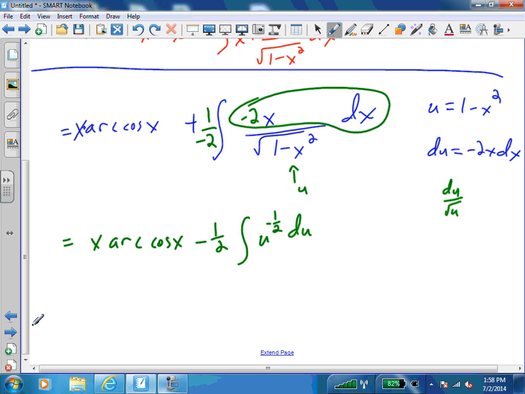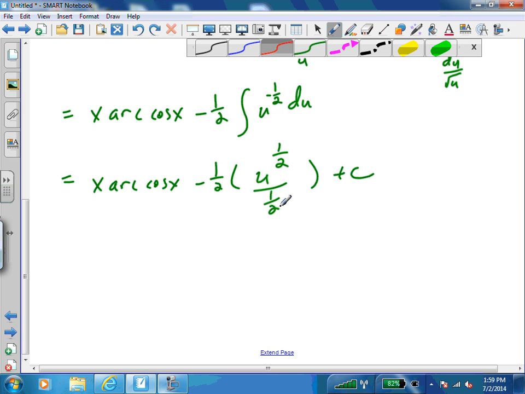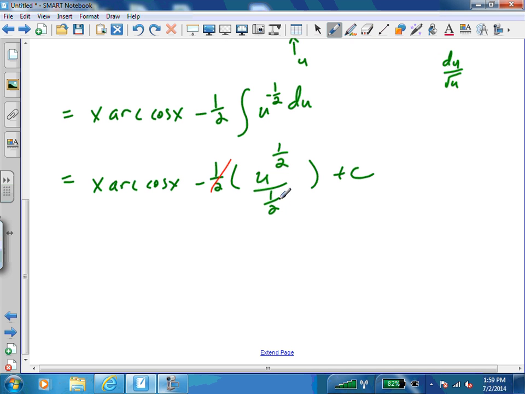Well, what rule do we use to integrate that? Yeah, that's just our power rule. So our 1/2 is out front. That's u to the 1 greater power. 1 more than that is 1/2 over 1/2 plus c. Well, we got a 1/2 on top and a 1/2 on bottom. What happened to those? Those cancel.